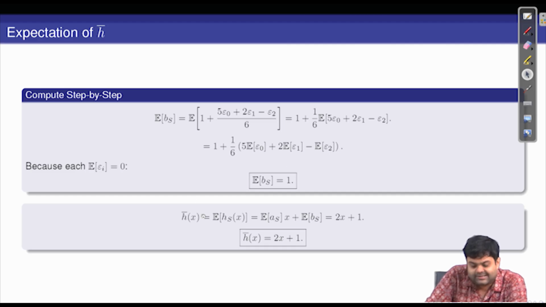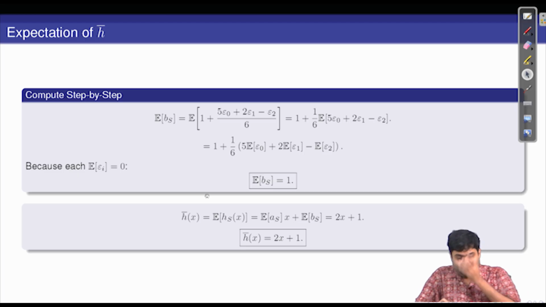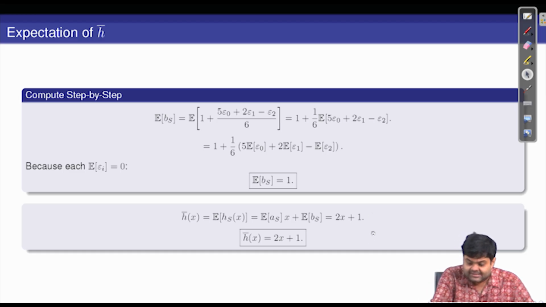So your predictor h-bar x is the expected value of h_S(x), which is basically the expected value of a-hat times x plus the expected value of b-hat. This becomes 2x plus 1 for a particular fixed x.